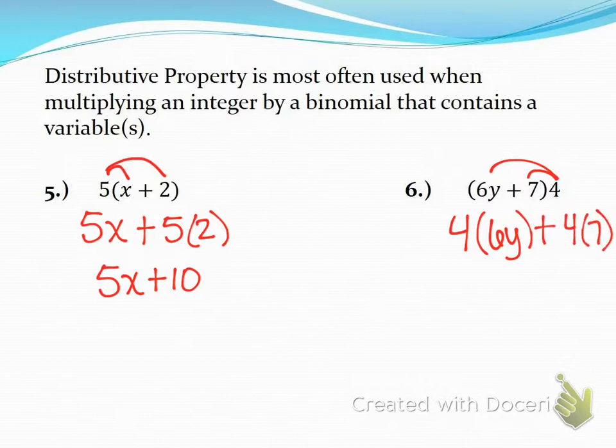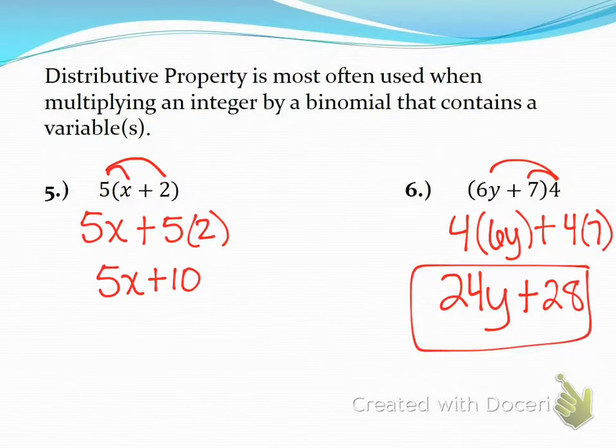So this is a little different from what we've seen so far. What's 4 times 6y? 24y, good. And 4 times 7 is 28. So we distribute to the whole term. Remember, terms are only separated by addition or subtraction signs.